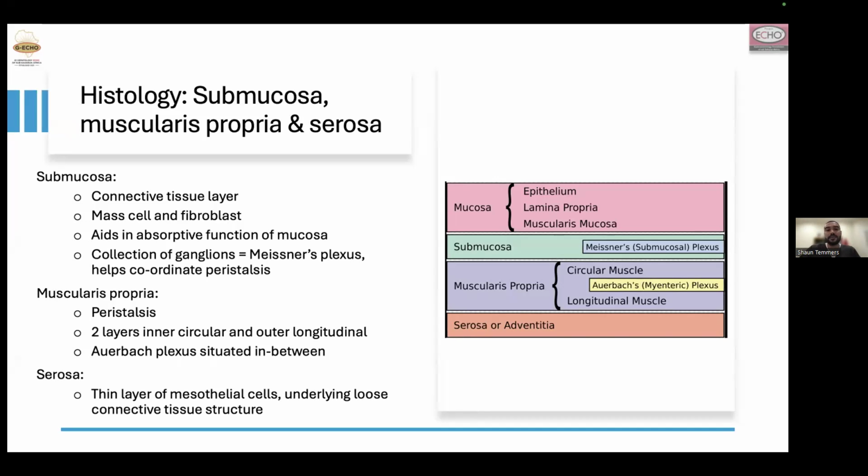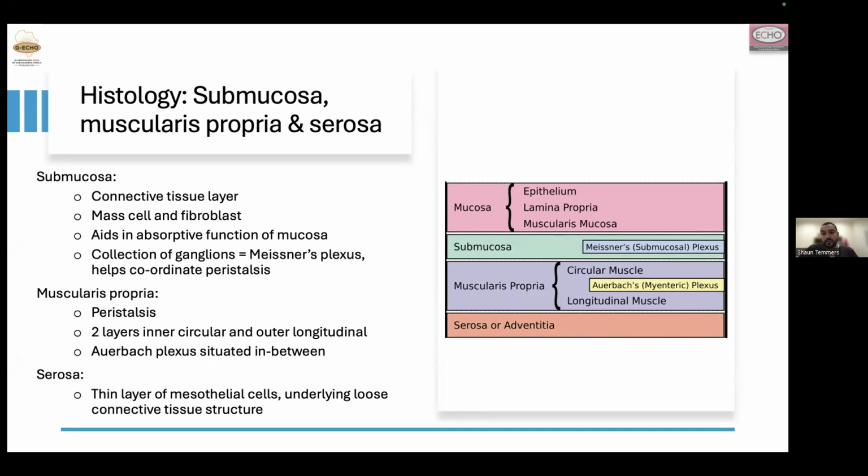It aids in the absorptive function of the mucosa. There's a collection of ganglia that can be found within the submucosa, known as Meissner's submucosal plexus, and this helps coordinate peristaltic movement of the small intestine.